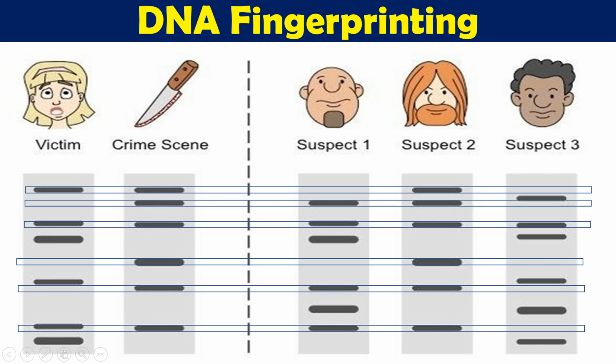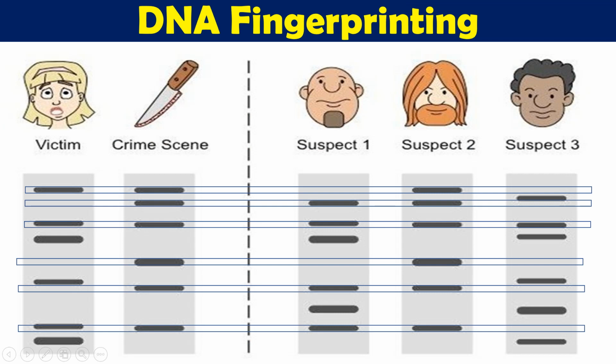If you see here, in case of suspect 1, this DNA is not going to match. This DNA is not present at the crime site. Similarly, this DNA segment is not present in the sample taken from the crime site. In case of suspect 3, this DNA fragment and this DNA fragment are absent in the crime scene.